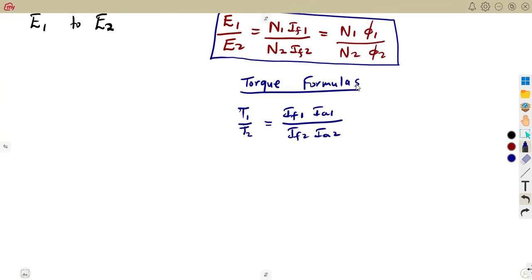We are going to consider that when the torque is proportional to the speed, we can also equate this to be equal to the useful flux 1, armature current 1 over the useful flux 2, armature current 2. Sometimes if you simplify, this can be reduced to N1 over N2.